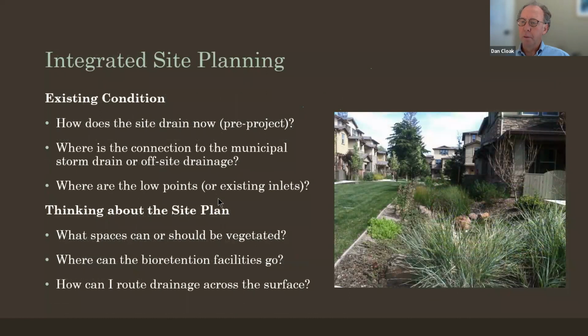All right. So this process of thinking about how to integrate LID bioretention facilities into the site.